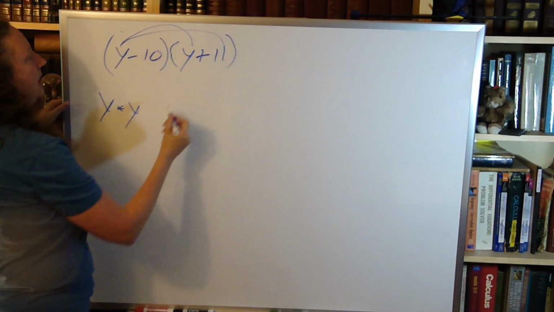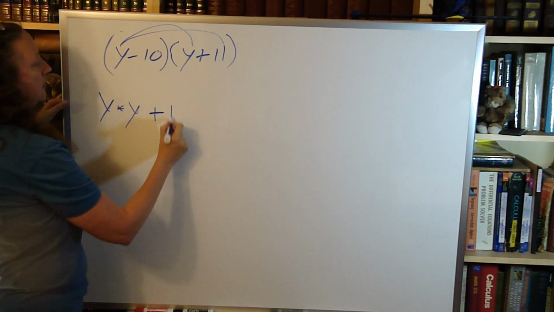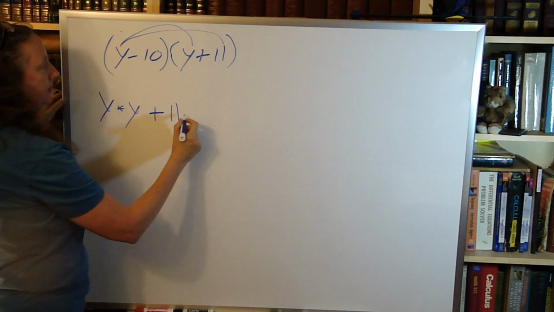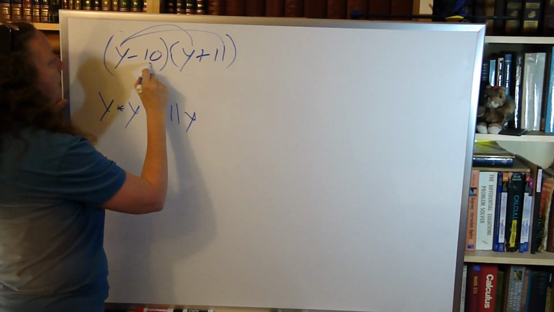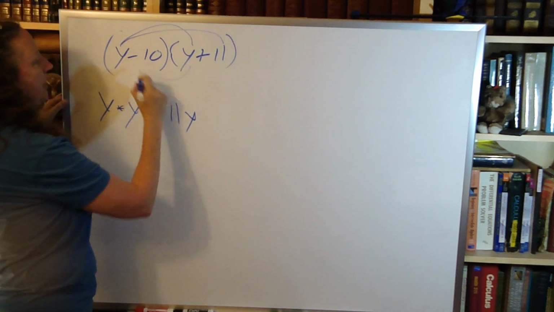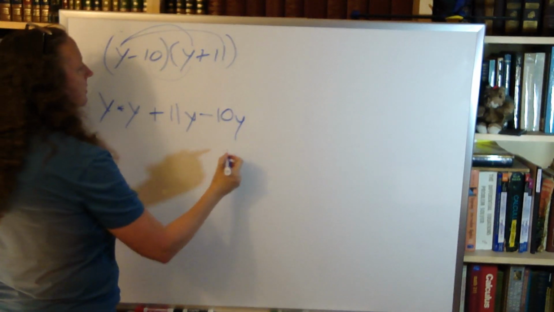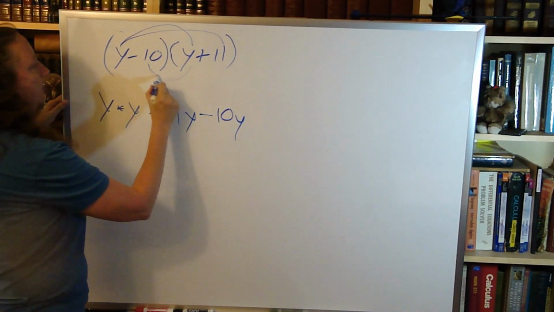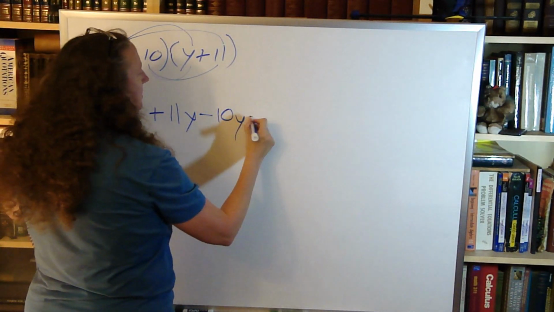Outside times outside, y times 11. 11 times y, y times 11, same thing. Inside times inside, minus 10 times y. Last times last, minus 10 times plus 11.